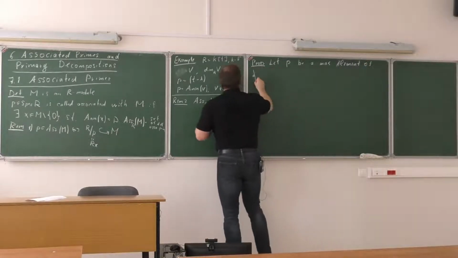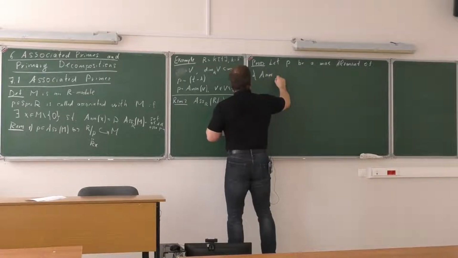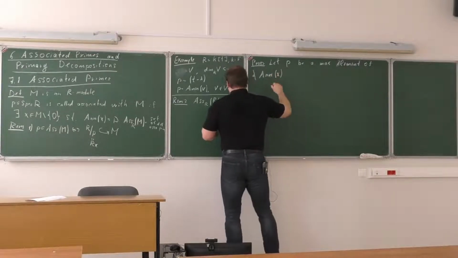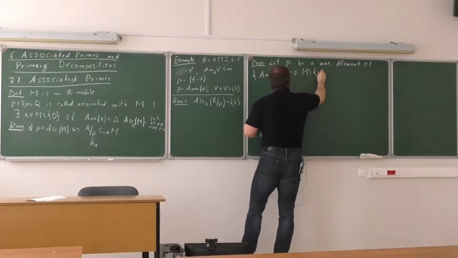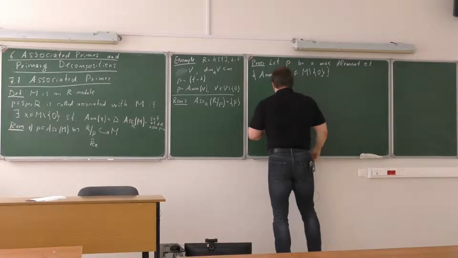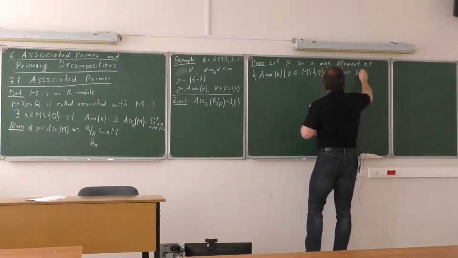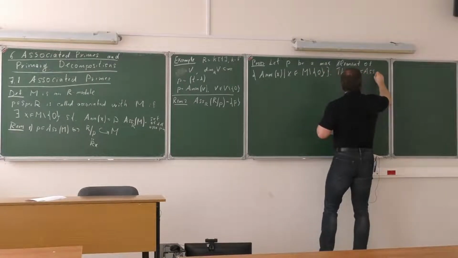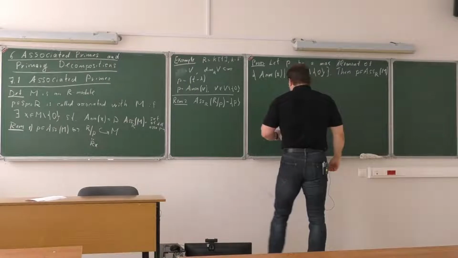You take annihilators, so these are some ideals, of elements X, where X is any non-zero element in the given module. Then P is associated with the module M.